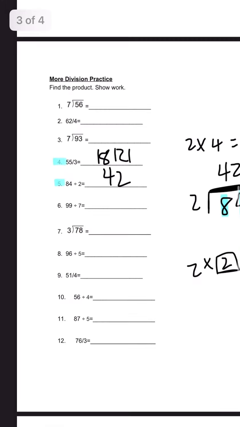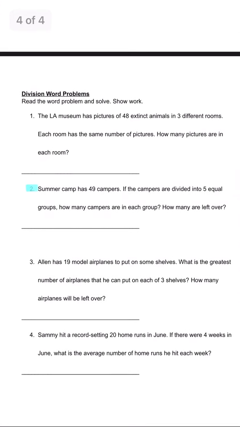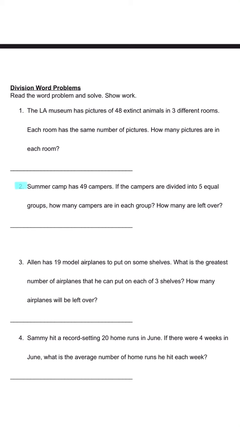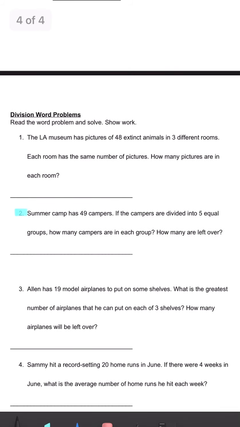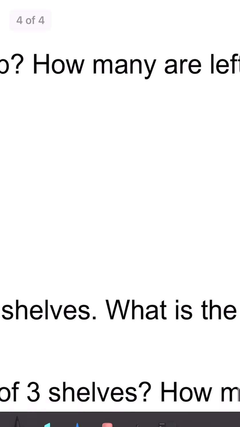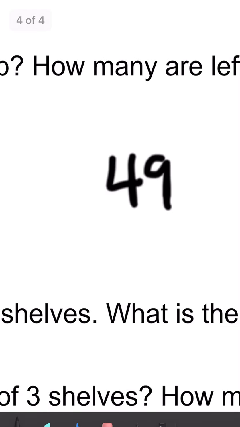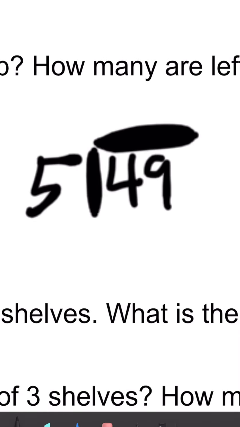Okay, we'll go ahead and move on to the final page, which is division word problems. So you're just going to be doing division again with word problems. So summer camp has 49 campers. If the campers are divided into 5 equal groups, how many campers are in each group? How many are left over? So we'll just be doing 49 divided by 5.